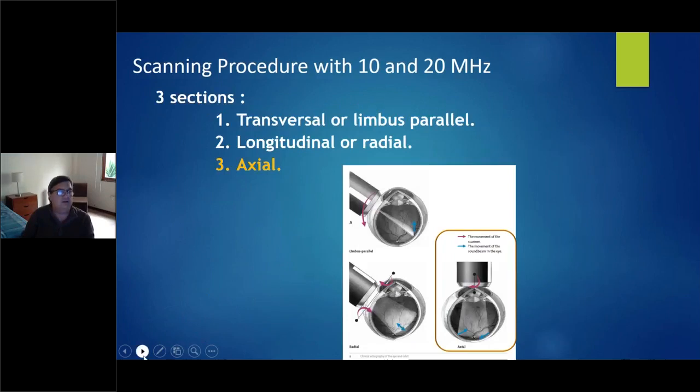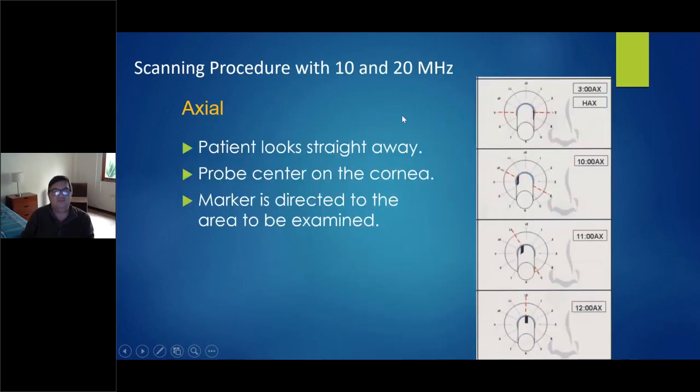You put the patient looking straight ahead. The probe is centered to the cornea, horizontal, vertical, or intermediate. And it all depends. If you put it horizontal and the mark is always nasal, up will be 3, 9. The same case here.